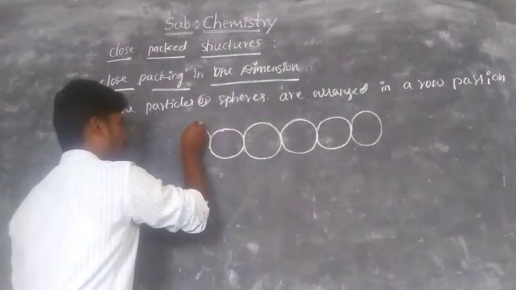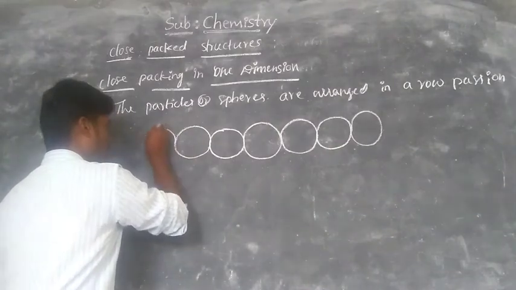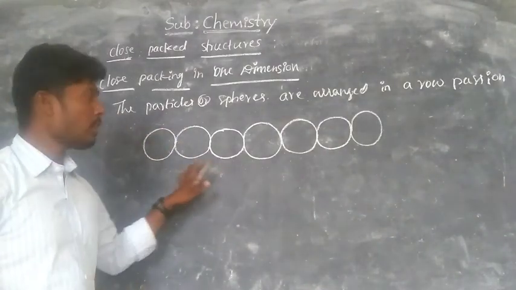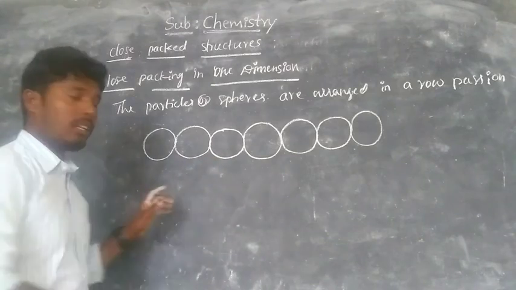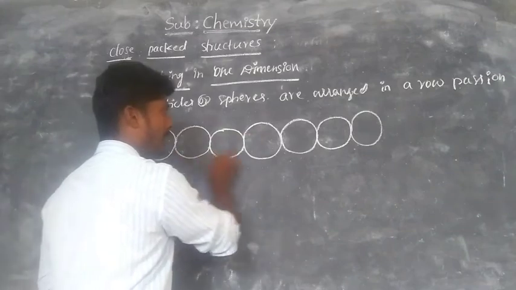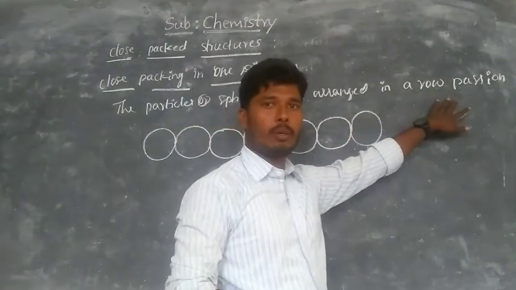This is called one dimension. In one dimension, the particles are connected to each other with a strong intermolecular force and arranged in a row fashion.